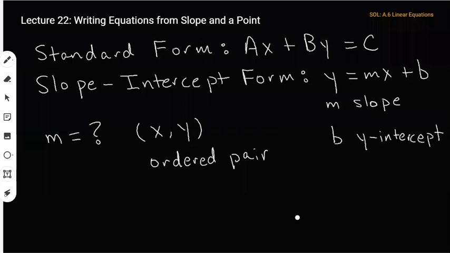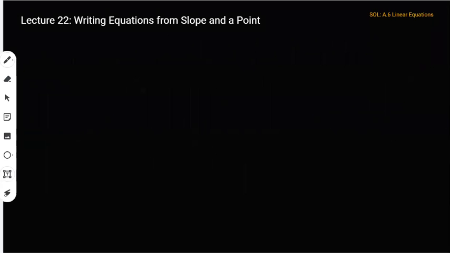We're going to be using all this information to be able to find b, the y-intercept. So I'm going to take a look at some of the problems that are on the notes, and I'll show you how to figure out what b is and how to write your linear equation.